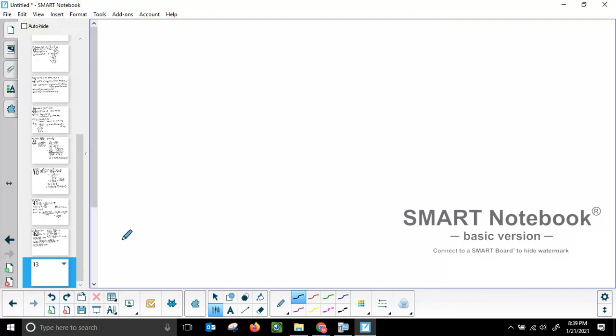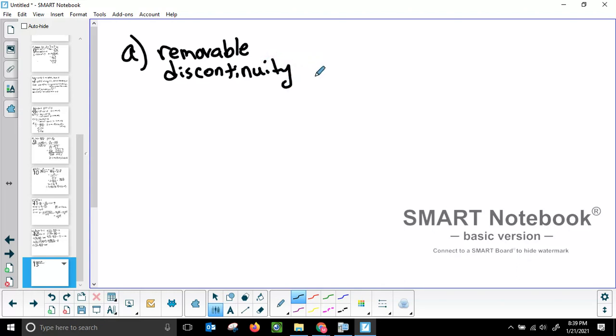All right, number 12. It says draw the graph of a function that has a, a removable discontinuity, b, a jump discontinuity, and c, an infinite discontinuity. All right, the important things to really know here: a removable discontinuity is a hole.